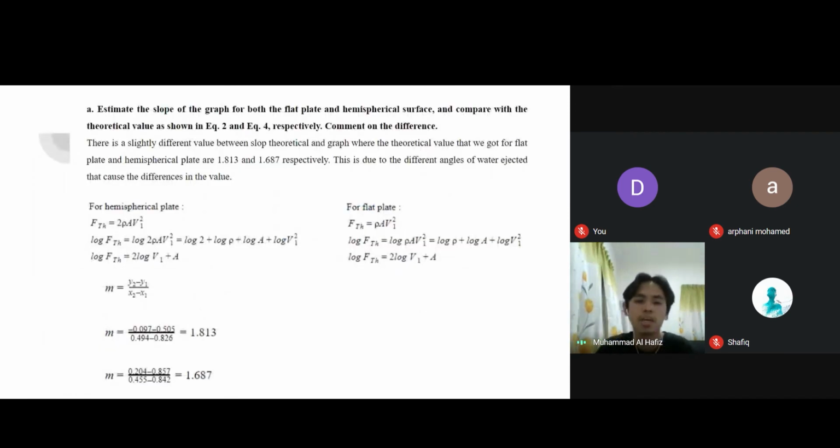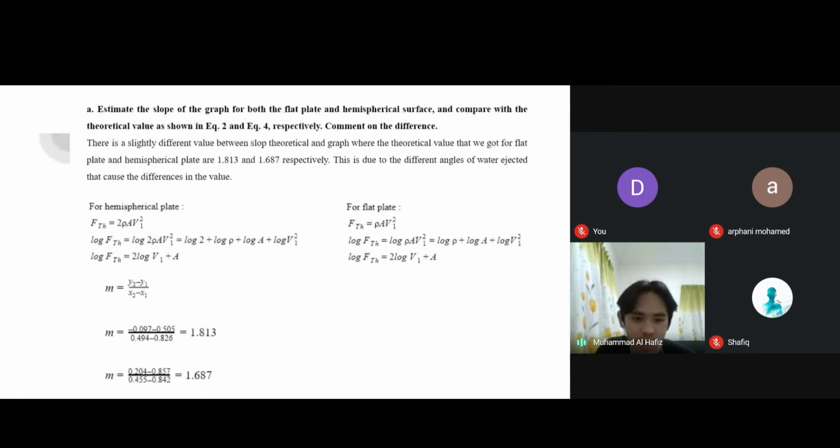So the second one for discussion, estimate the slope of the graph for both the flat plate and hemispherical surface, and the theoretical value as shown in equation 2 and equation 4 respectively. Comment on the difference.